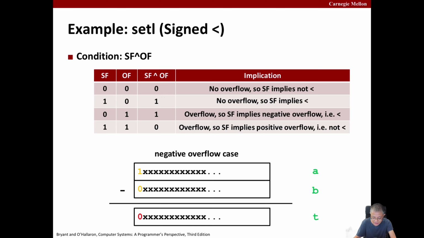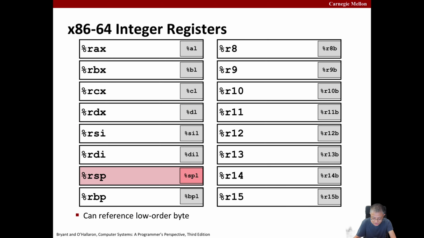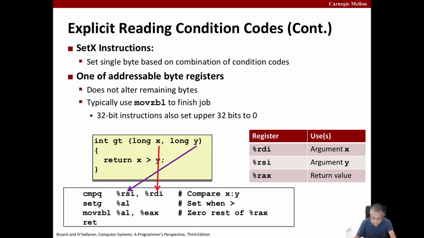So there is another instruction which could be very useful: movzbl. This is something called a zero extension move.